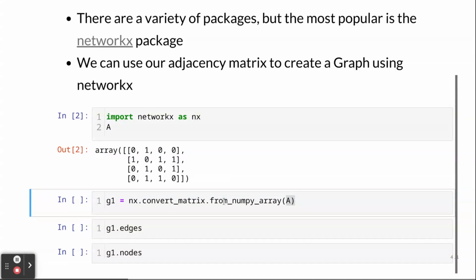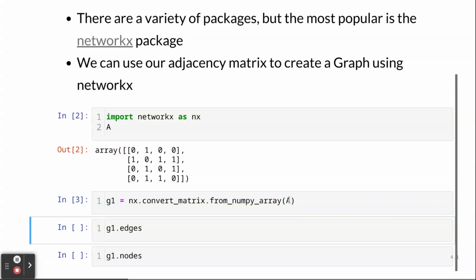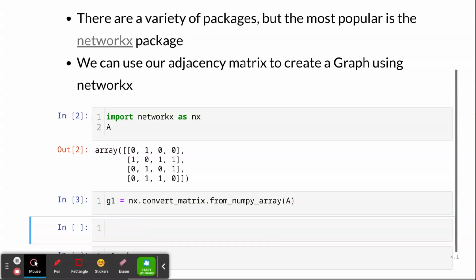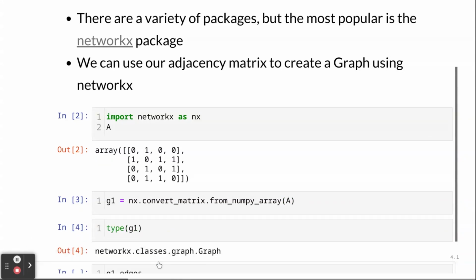So all we need to do at this point is say, okay, NetworkX has a convert matrix subpackage for working with adjacency matrices, and we will call the from_numpy_array method, passing in our array A. When we do this, we get back a graph, and we can check the type of this. And we'll see here that this is a NetworkX graph.